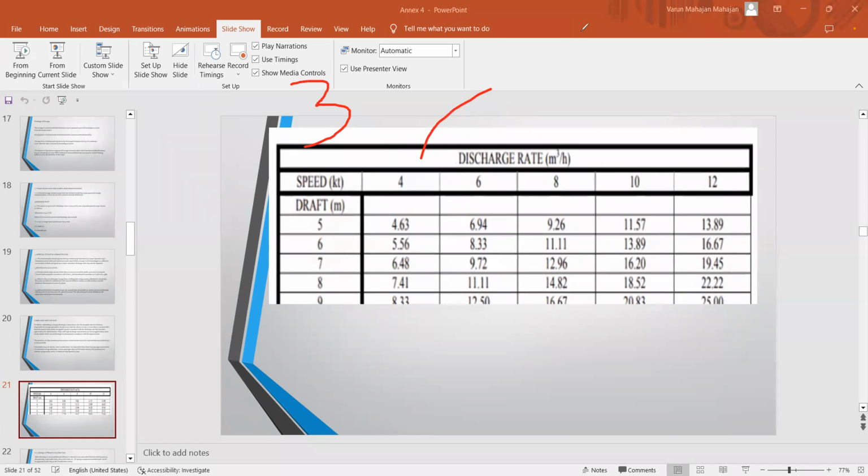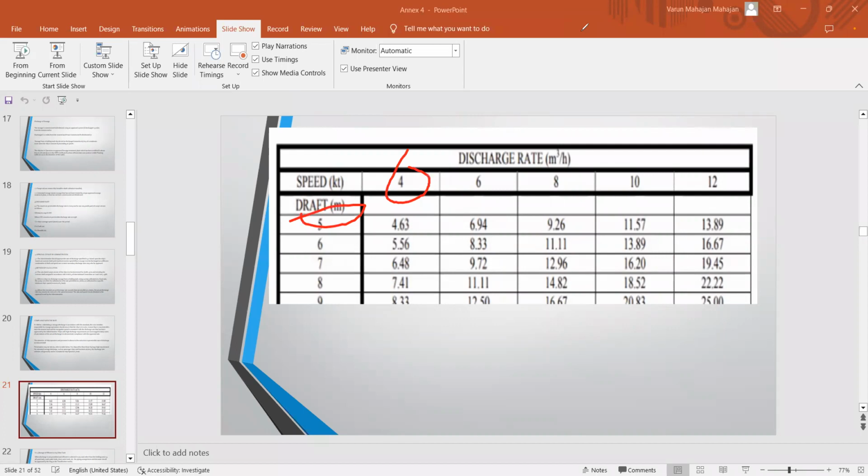Because the regulation says you should be more than 4 knots, right? So now suppose your ship speed is 4 and your lightest summer draft, which you need for your propeller immersion, is 5. We cannot have the propeller out of water, right? We need some minimum draft. Suppose this is 5.